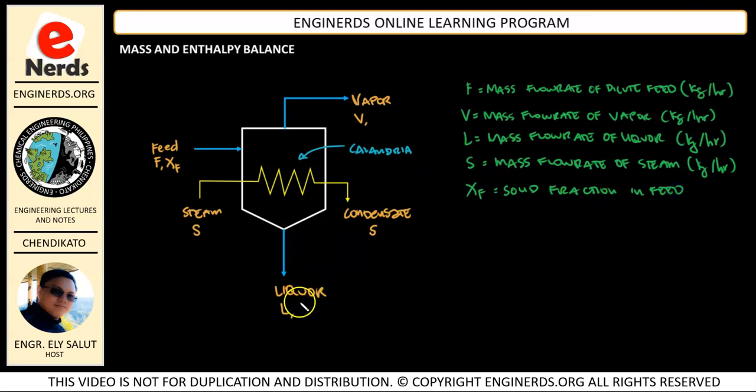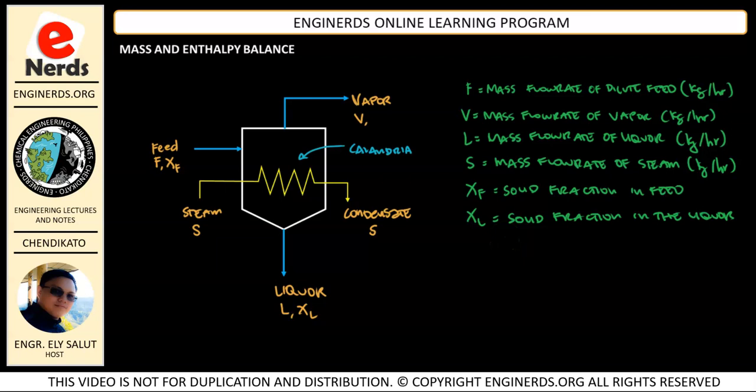And dito sa ating liquor, we have here XL. So our XL here is the solid fraction in the liquor. And since XF and XL are weight fraction or mass fraction, so this is a dimensionless number.